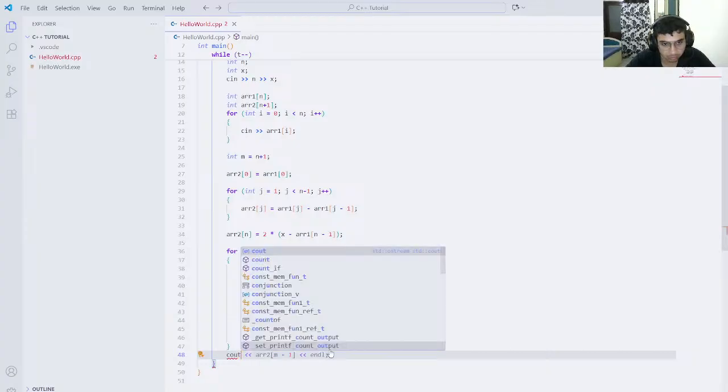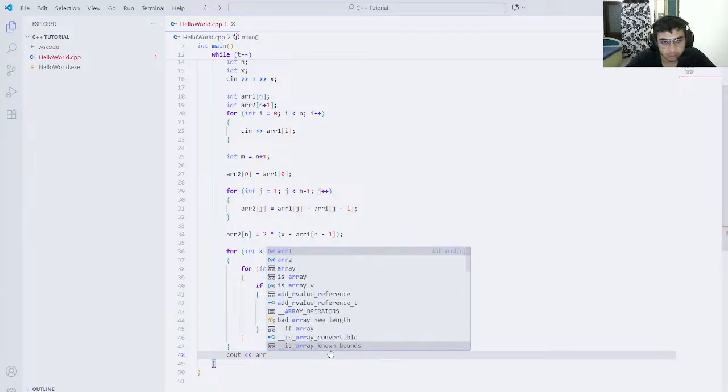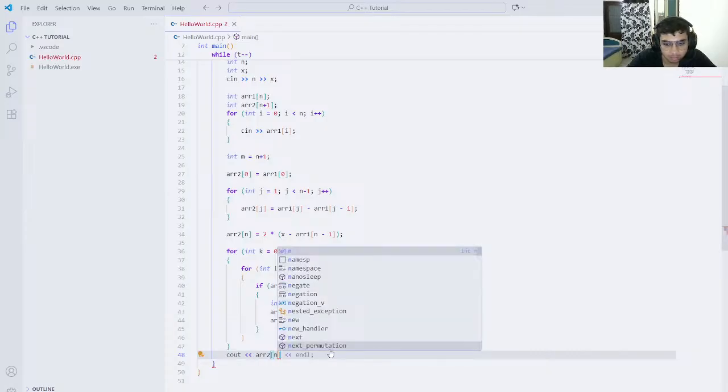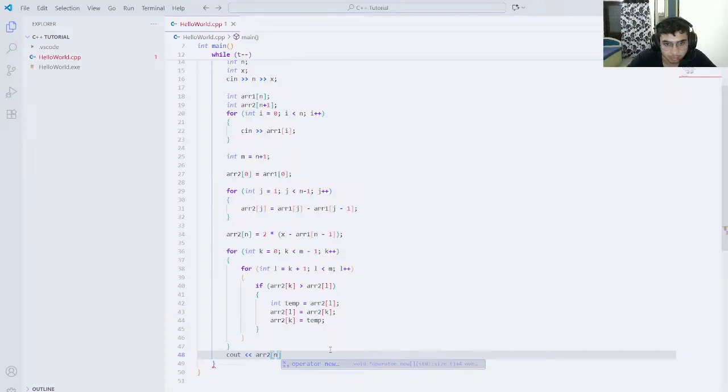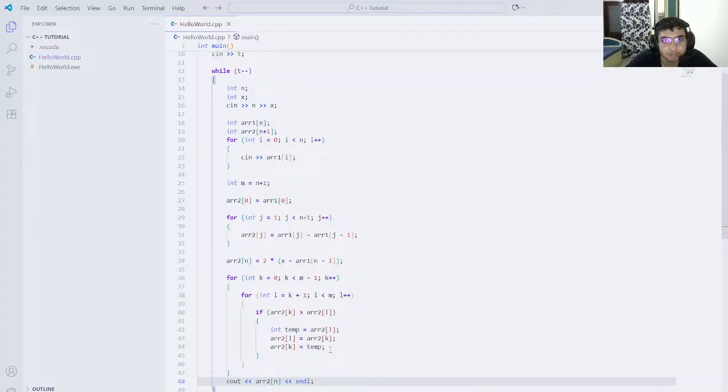Now cout ARR 2, and since it's n plus 1, I think that should work.